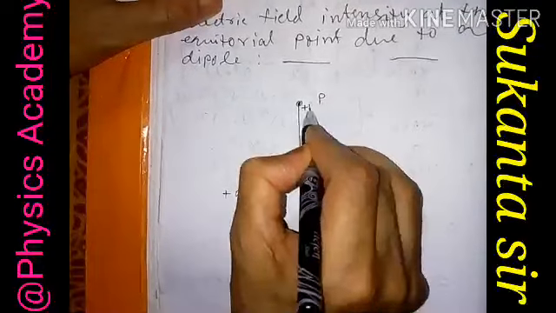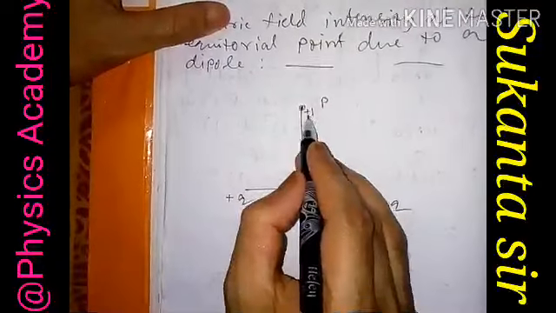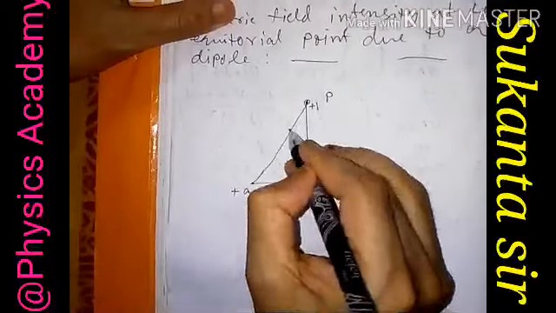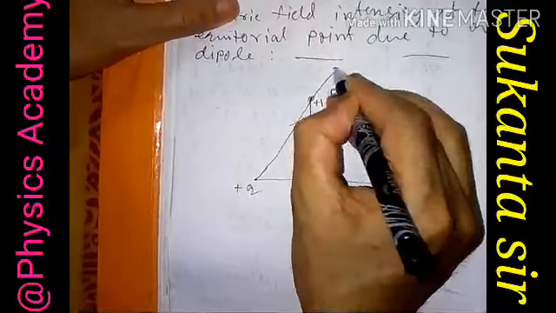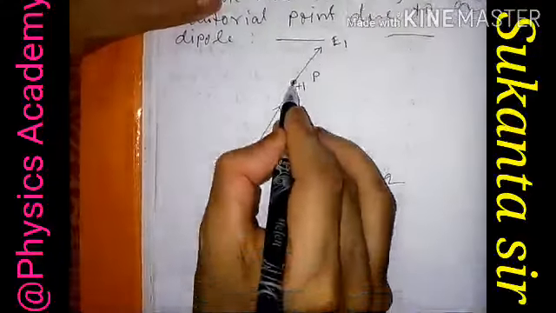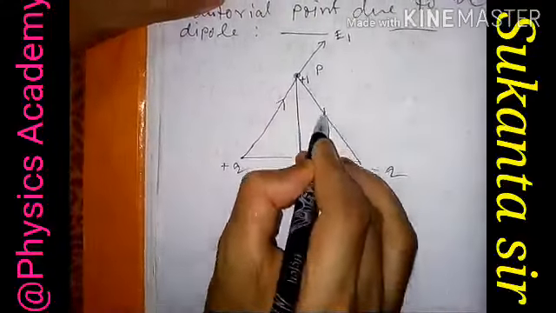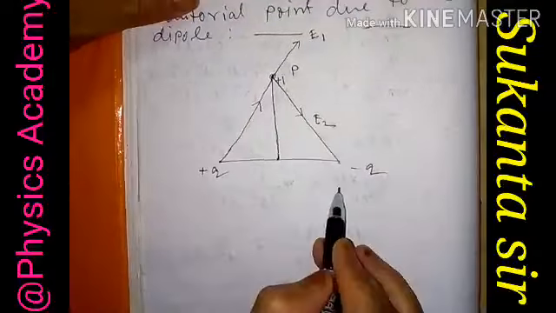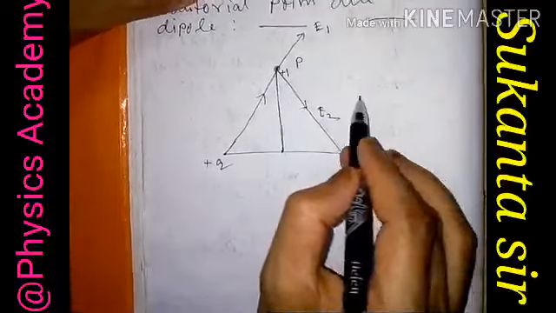Now we put a point charge of +1 unit positive charge here. Due to this plus q charge, the intensity direction will be along this direction, say E1, and due to this negative charge, the direction of intensity will be in this direction, E2.